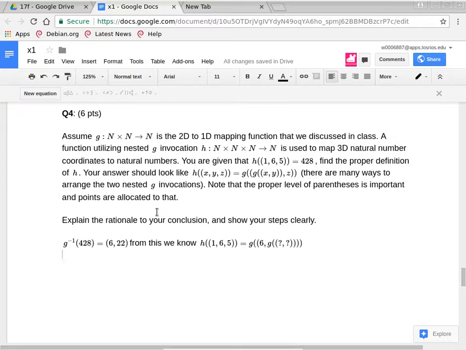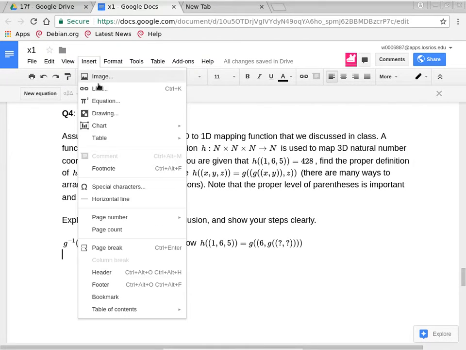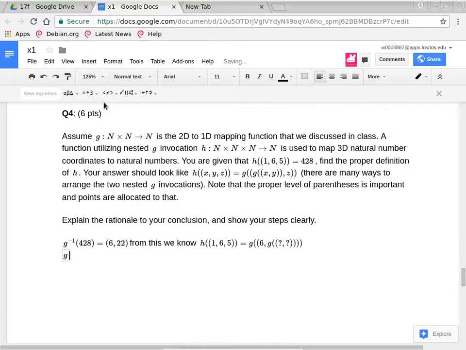All right. So now that we know this part, we'll do the inverse function on 22. So now we can say insert equation G inverse of 22, and that one is it 1 5 or 5 1? 5 times 6. It's a 5 1. I think it was 5 1 there. So I could be wrong.